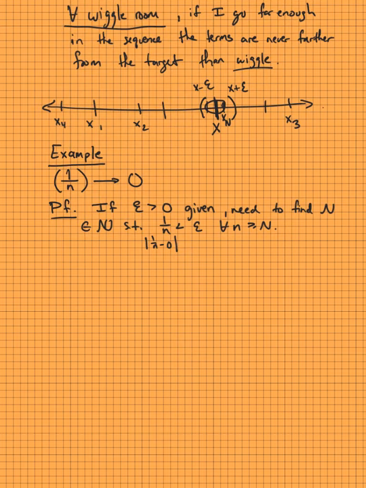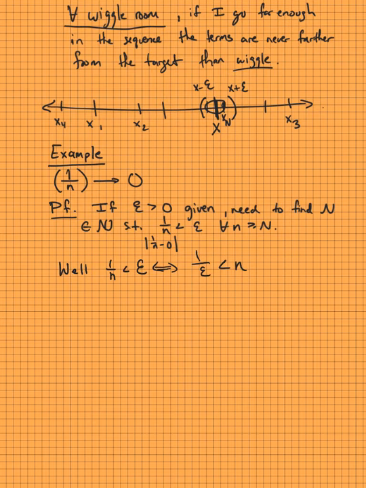And this will follow essentially from the Archimedean principle. So we want 1 over n less than epsilon. This is the same as 1 over epsilon being less than n. You want this to always be true for sufficiently large n.